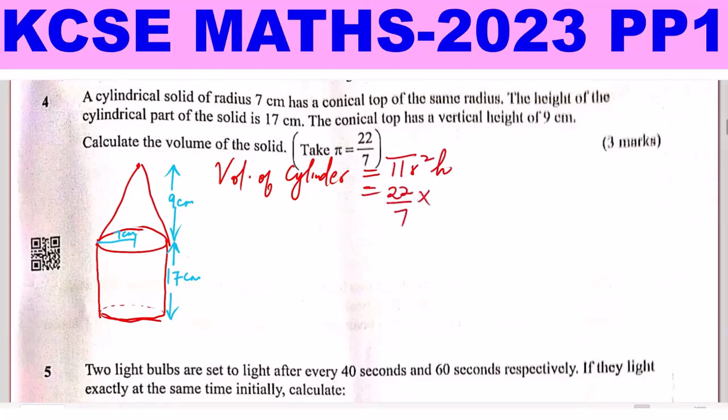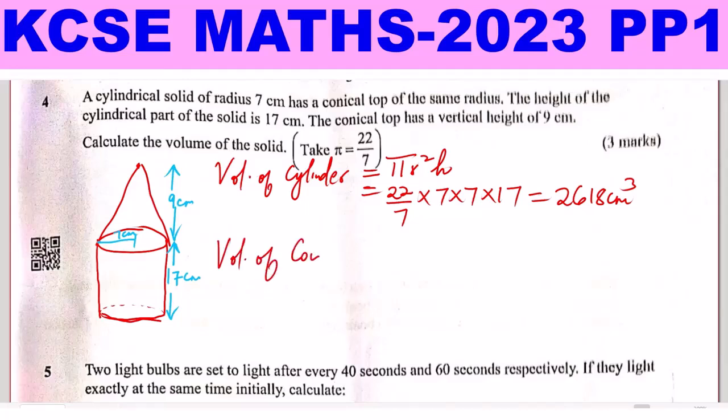The radius of the cylinder is 7, so 7 times 7, that is 7 squared, times the height, which is 17. So just use a calculator to work this out. And you'll get 2618 centimeters cubed.